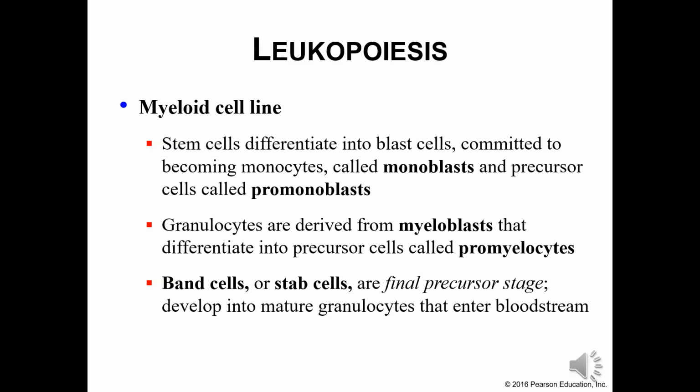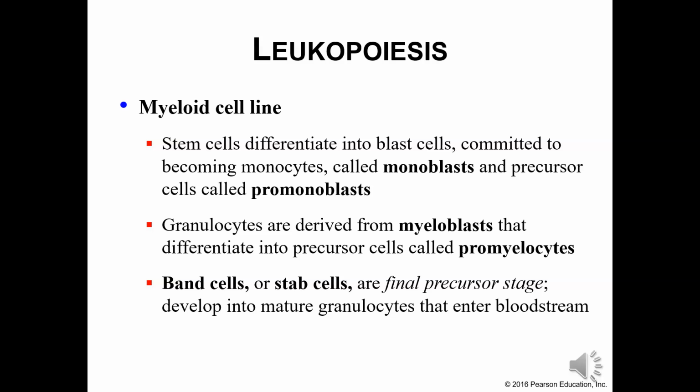So first, the hematopoietic stem cell differentiates into a blast cell, which then becomes committed to becoming a monocyte, which are referred to as monoblasts. And the precursor cell that becomes a monoblast is called a promonoblast. Most all your granulocytes are derived from these cells that differentiate into precursor cells referred to as promyelocytes.